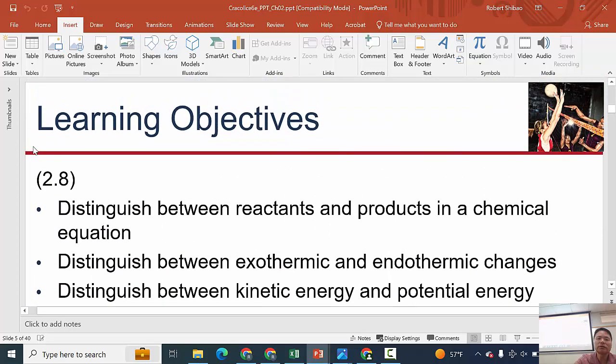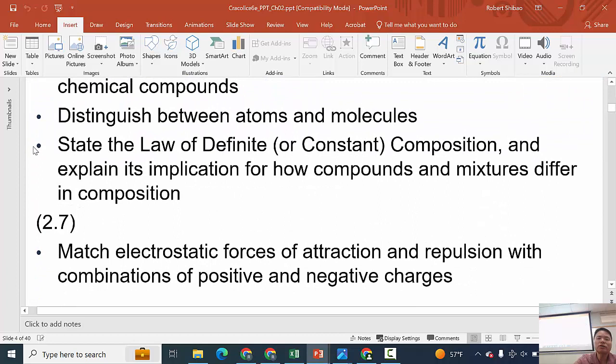This chapter goes through a lot of different topics. Match electrostatic forces. Have you ever heard of electrostatic forces? Electrical forces. You've probably heard of magnetic forces. Like if you take 2 magnets, and you bring the 2 north poles together, what happens? They separate. They repel each other.